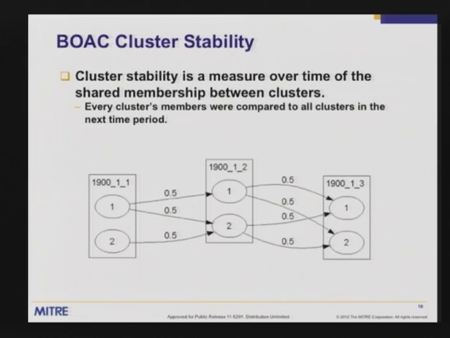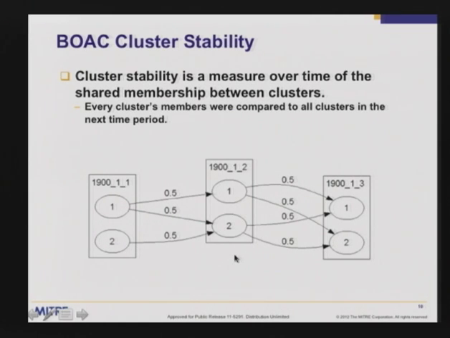So if you look at the graph that I'm looking at, from the top one, you have some arbitrarily labeled cluster 1. As you look across, you see that it has two edges leaving at 0.5 and 0.5. That would say that half the membership from cluster 1 at the first time slice went to the arbitrarily named cluster 1 in the next time slice, and half went to number 2, and then half of 2 went to number 2, and potentially the other half maybe didn't have activity, so you don't have guaranteed activity on every time slice.